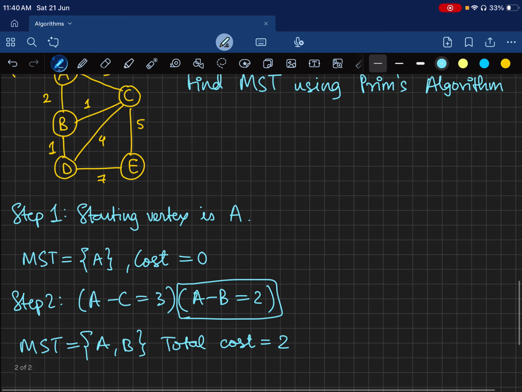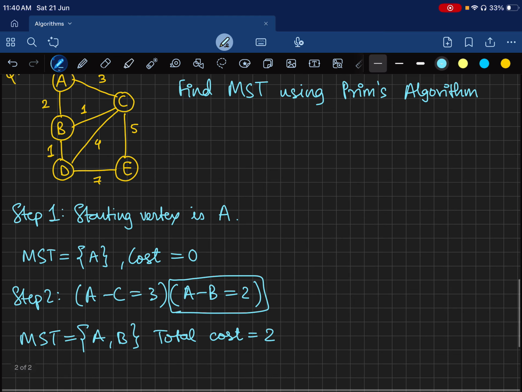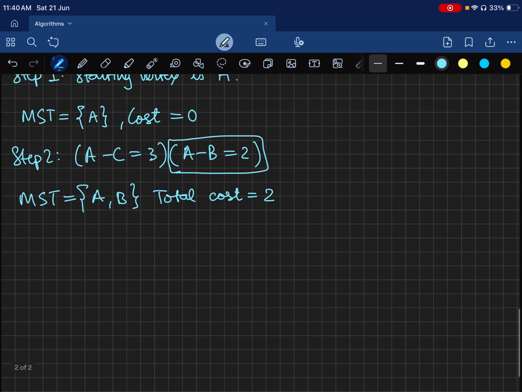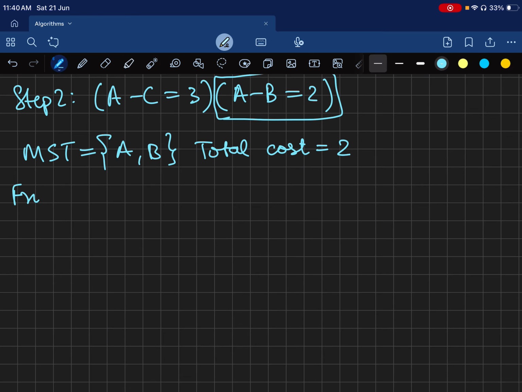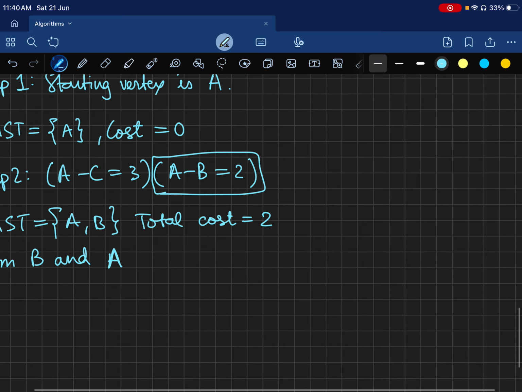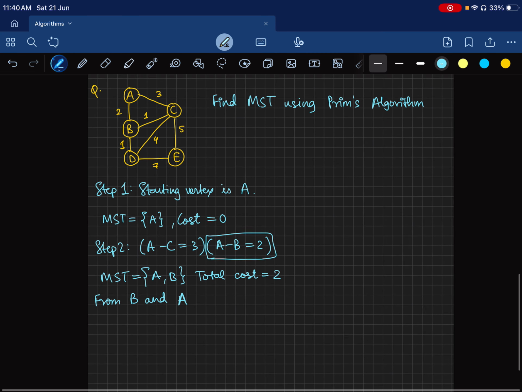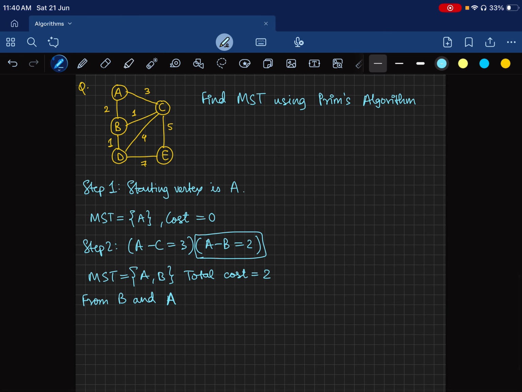Okay, so this is your first set of vertices. Then you will repeat this step. Every step I'll draw how the graph looks. After this step, the graph looks like this: A to B, which is 2.